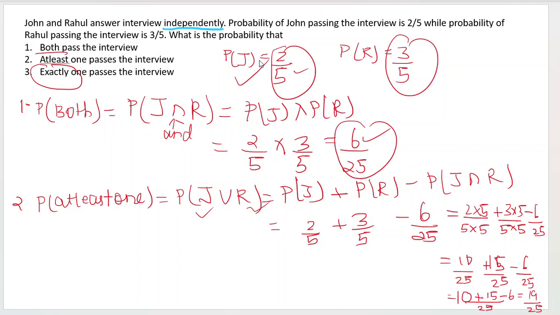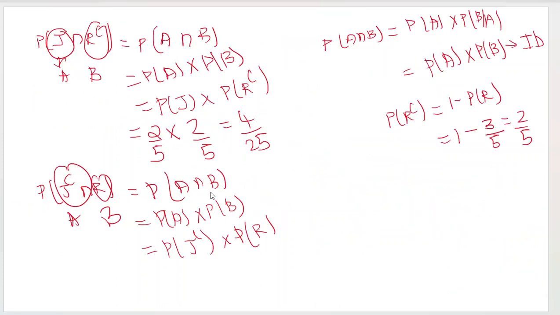We are given probability of J. So we find probability of J complement using 1 minus probability of J.